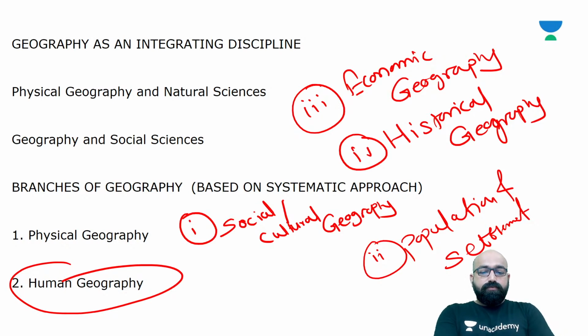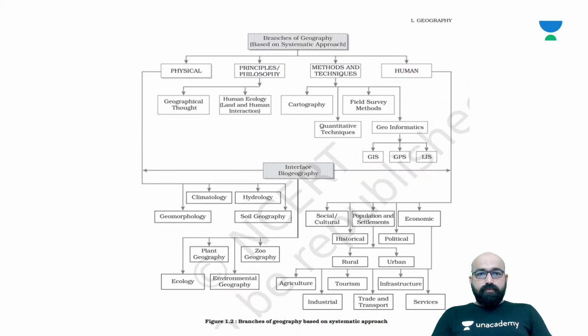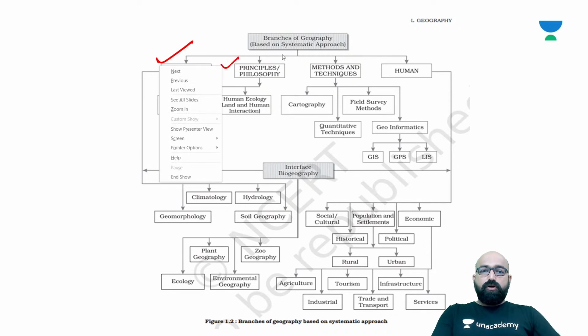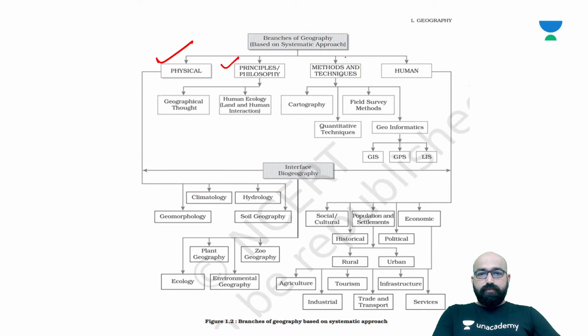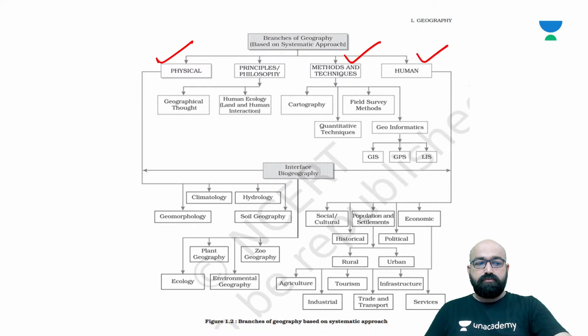Now, the systematic approach. So, see the diagram or the flow chart, the branches of geography which is based on systematic approach. So, like physical, principles or philosophy, methods and techniques.